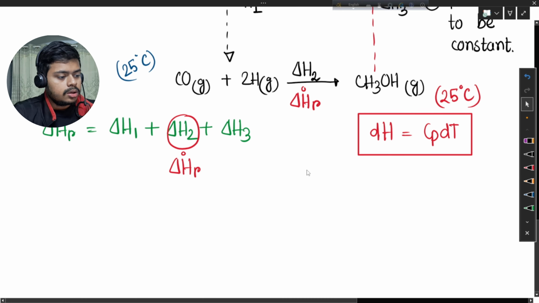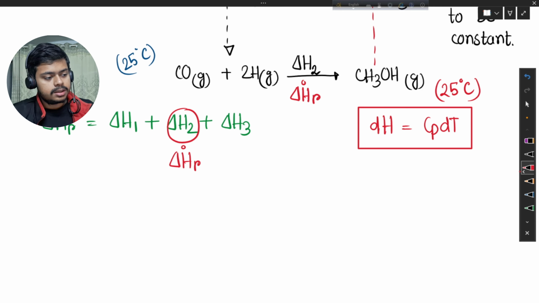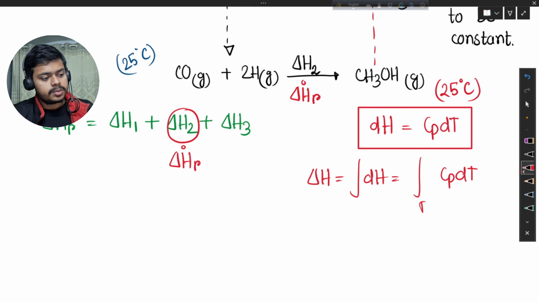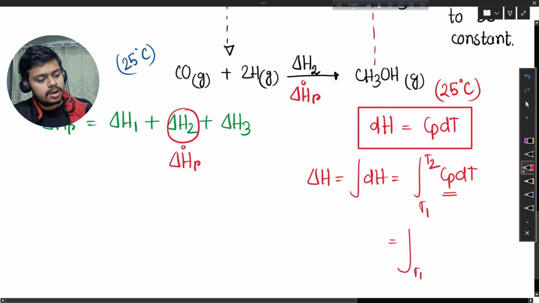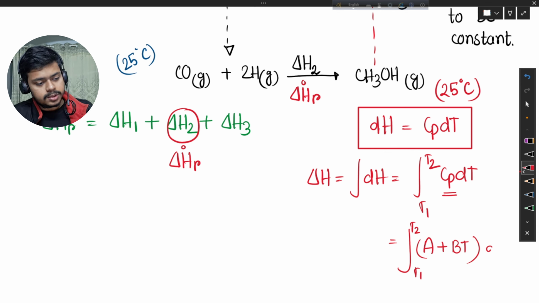If we integrate this equation, we get the change in enthalpy, delta H, which is the integration of dH, and that's simply the integration of Cp dT from temperature 1 to temperature 2. Sometimes the Cp, the heat capacity at constant pressure, is a function of temperature itself, which will look something like this: A plus BT times dT.